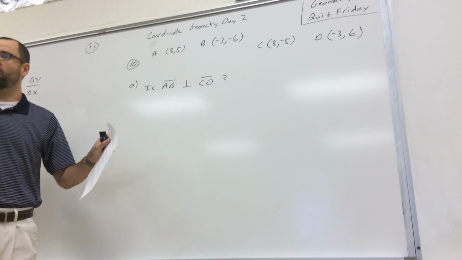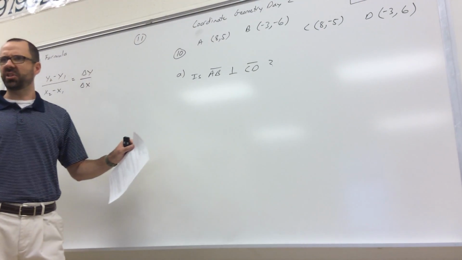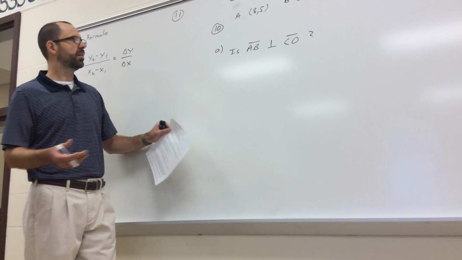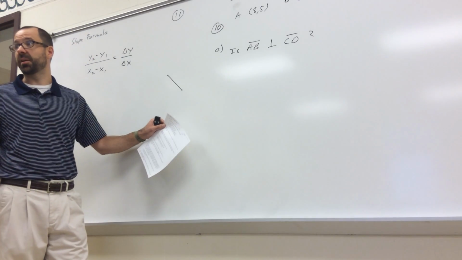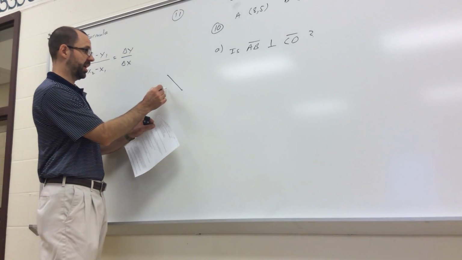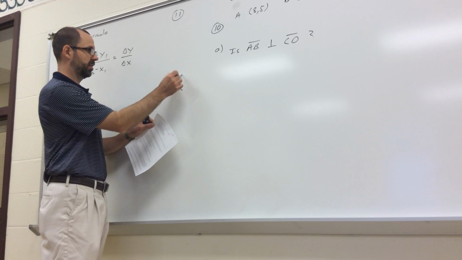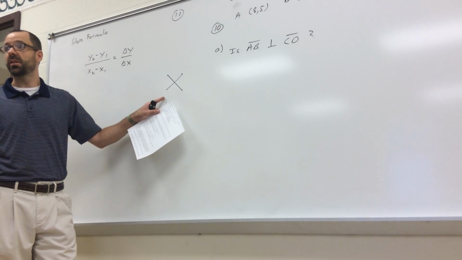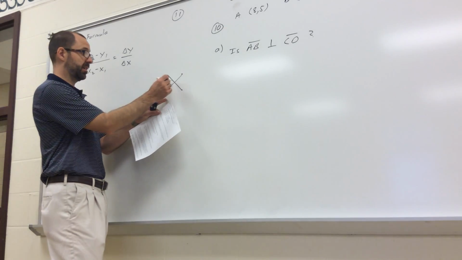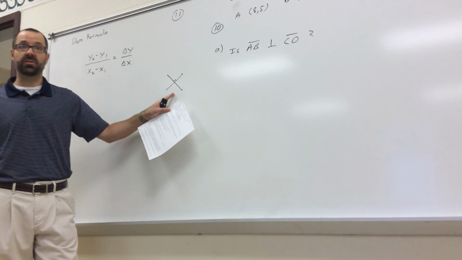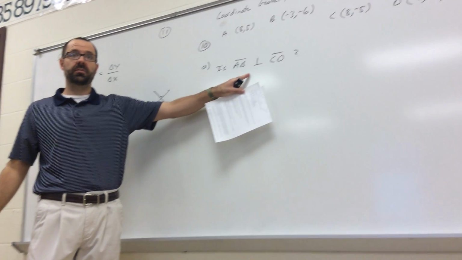Okay, so we're not going to graph, but just to give you an idea of what's going on, if we connected from A to B, we'd get a line segment. And if we connected from C to D, we'd get another line segment. And the question is, do these line segments hit at a 90-degree angle? Is it perpendicular?